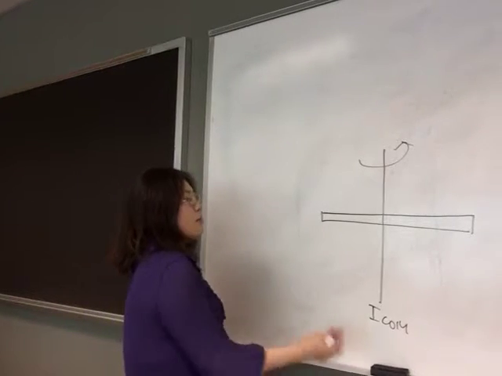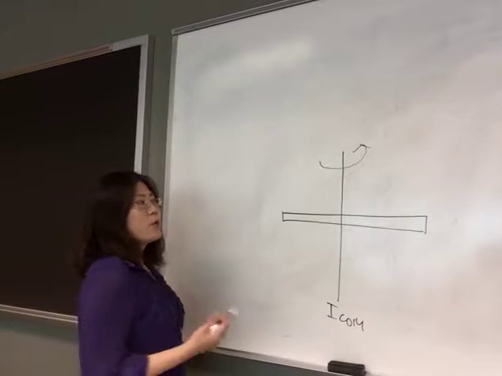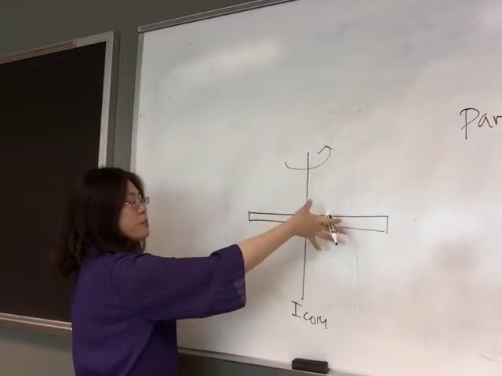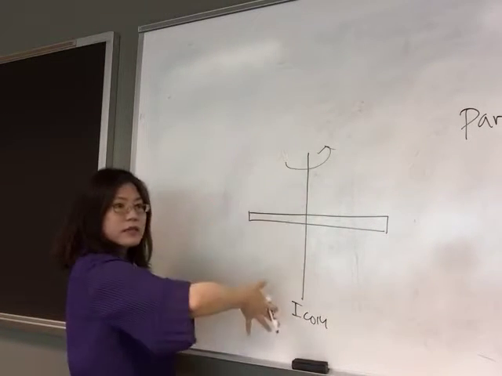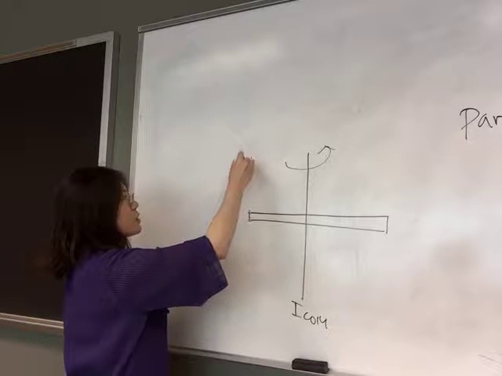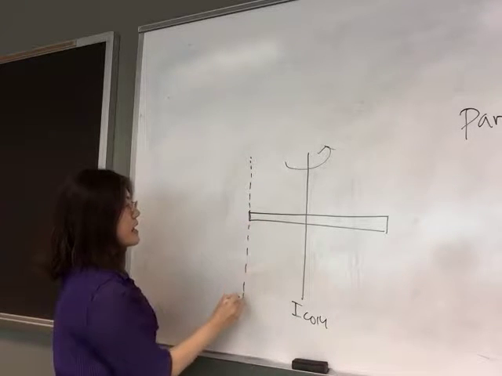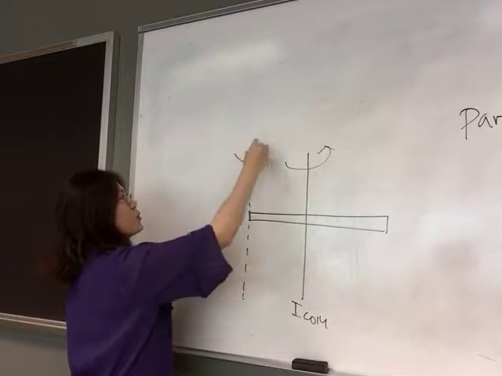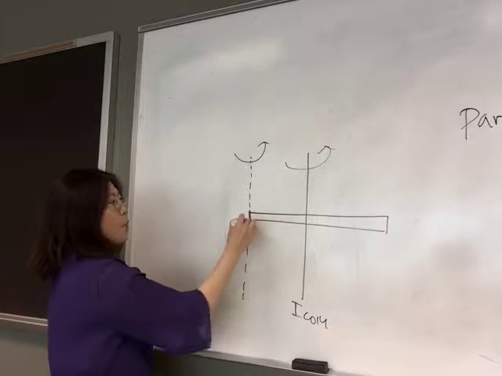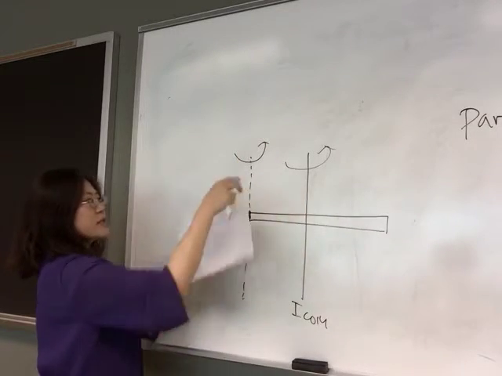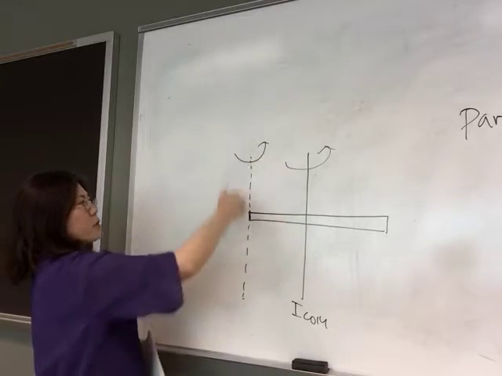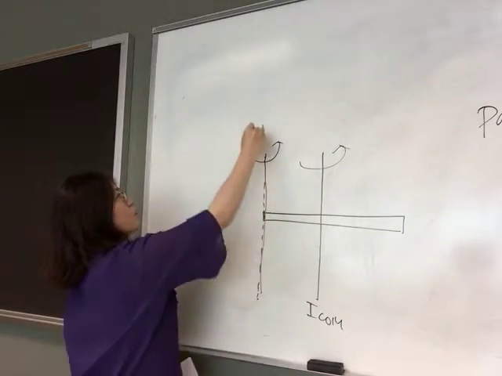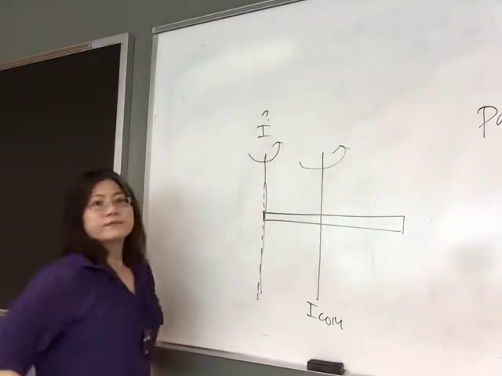And then what about when you're not rotating this bar about the central axis? Instead, I'm going to let it rotate through this endpoint. So this is your new rotation axis, and the whole thing here is going to rotate about this new axis. What will be the new rotational inertia?